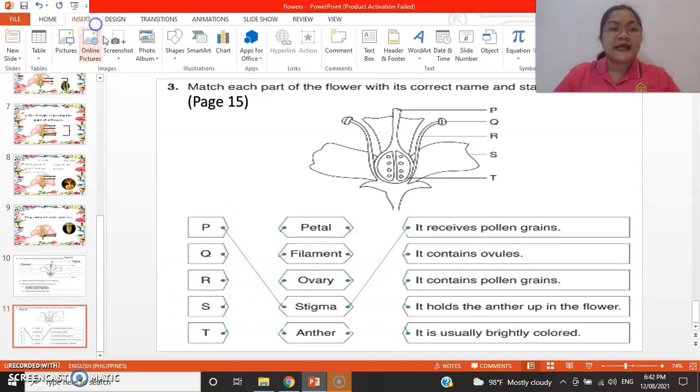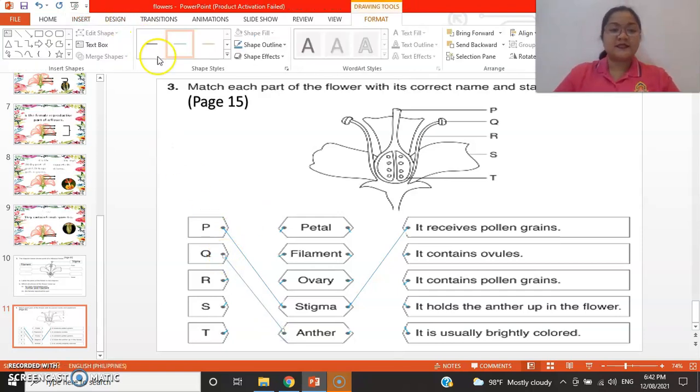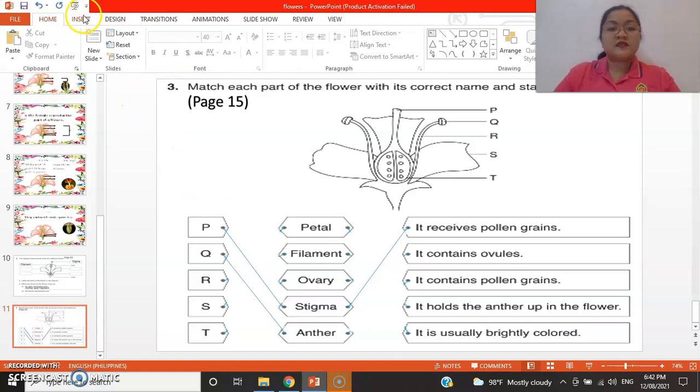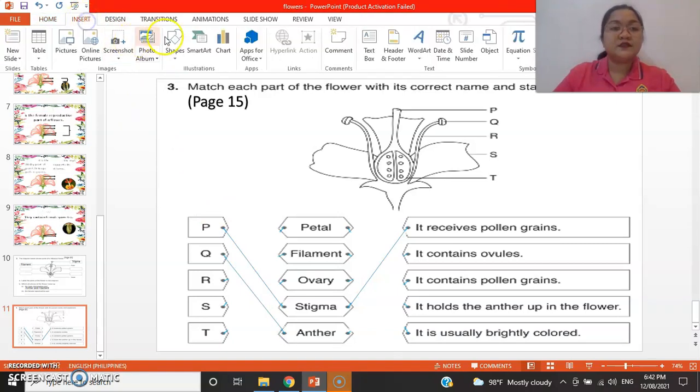Another example, letter Q. What is letter Q? Letter Q is anther. What does anther do?